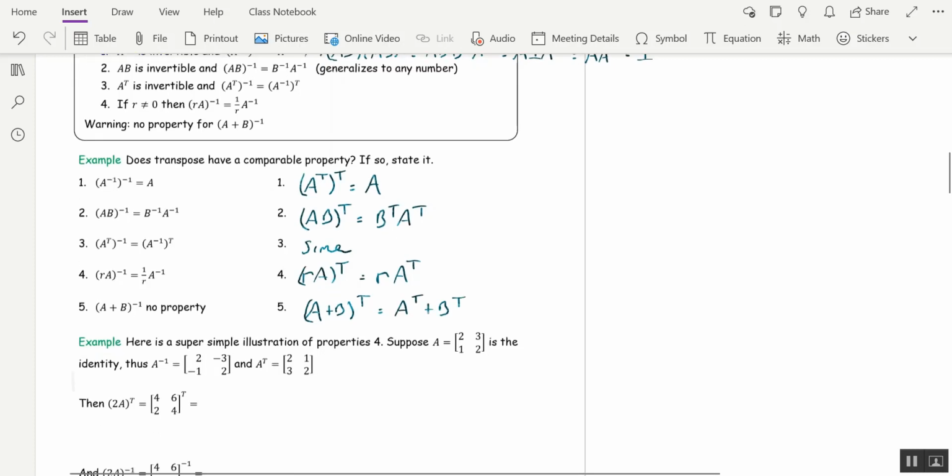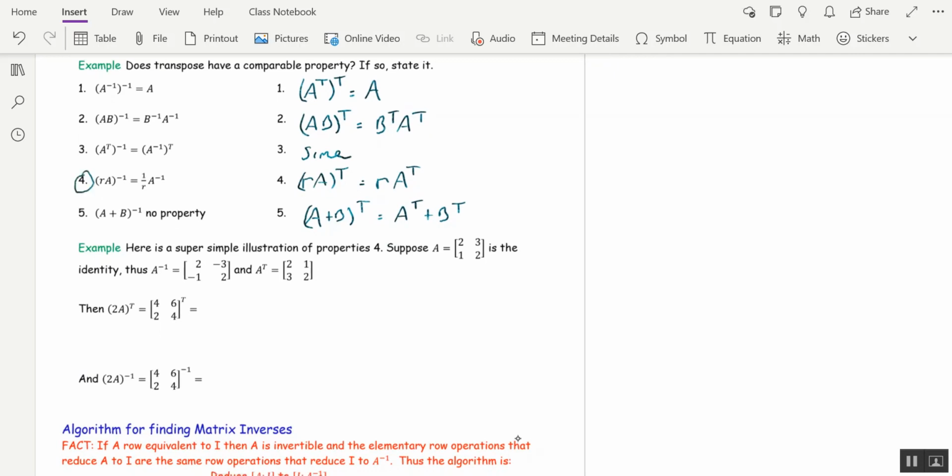So let's take a look at property 4 for inverses and transposes a little bit more carefully with a very easy example. So I've got A equal to this matrix, and I use my dancing naked bears to find A inverse, and you should verify that's A inverse. And then for A transpose, remember how that works. You just interchange the rows and the columns of A, and so there's my A transpose.